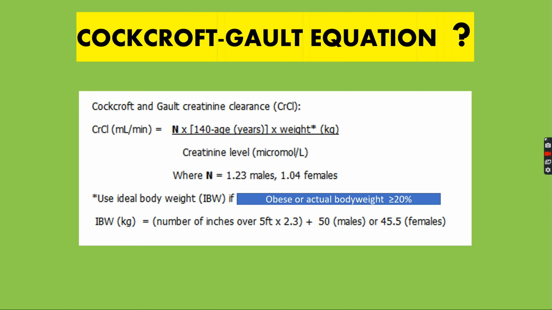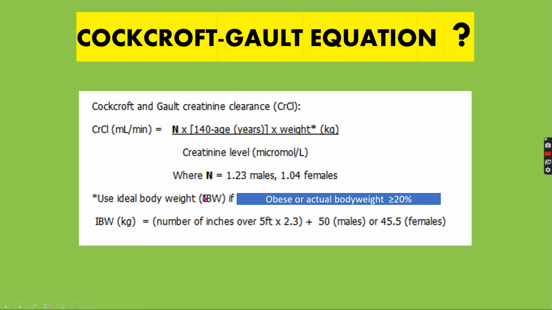So moving on to the Cockcroft and Gault equation, which is the equation that is used, as well as the serum creatinine sample, to calculate creatinine clearance. It's the most common equation used. You need the patient's age in years, weight in kilograms, serum creatinine in micromoles per litre, and also their height if you need to calculate the ideal body weight.